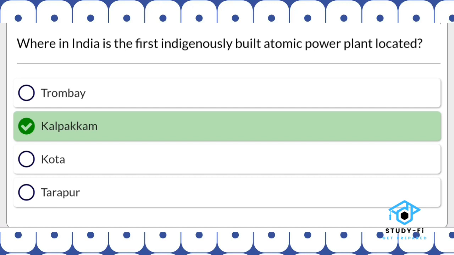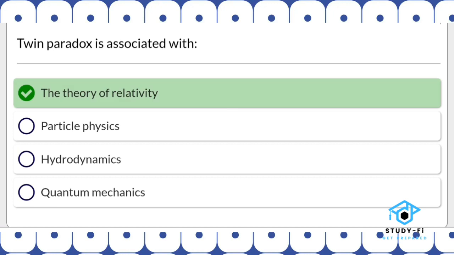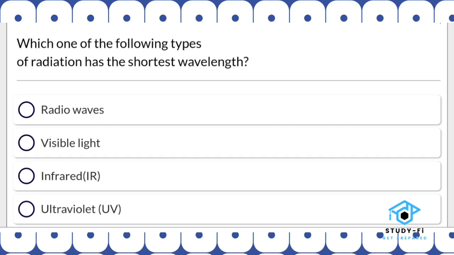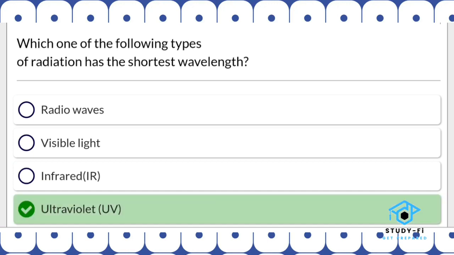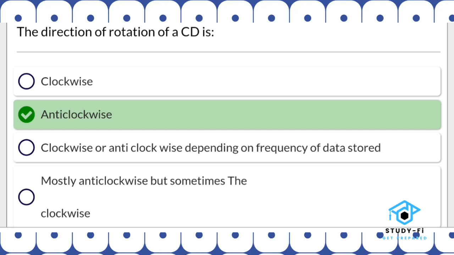Where in India is the first indigenously built atomic power plant located? Kalpakkam. Twin paradox is associated with the theory of relativity. The headquarters of Indian Institute of Astrophysics is located in Bengaluru. Which one of the following types of radiation has the shortest wavelength? Ultraviolet rays. The direction of rotation of a CD is anti-clockwise.